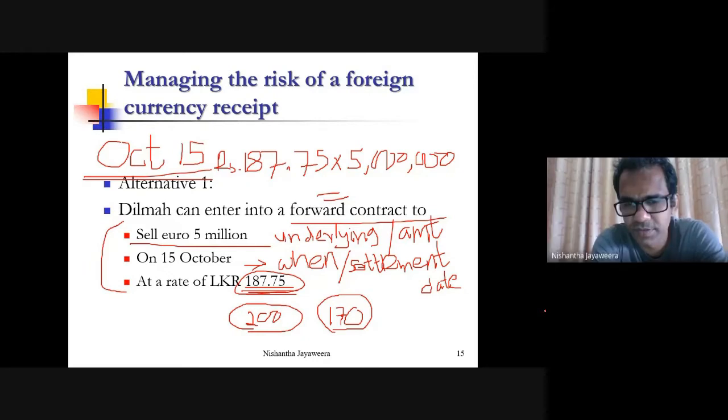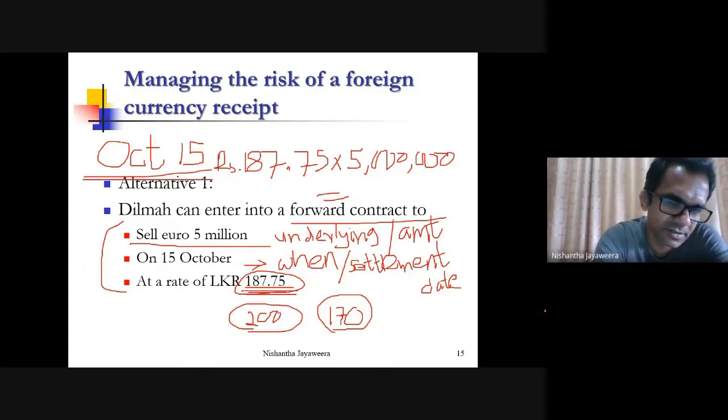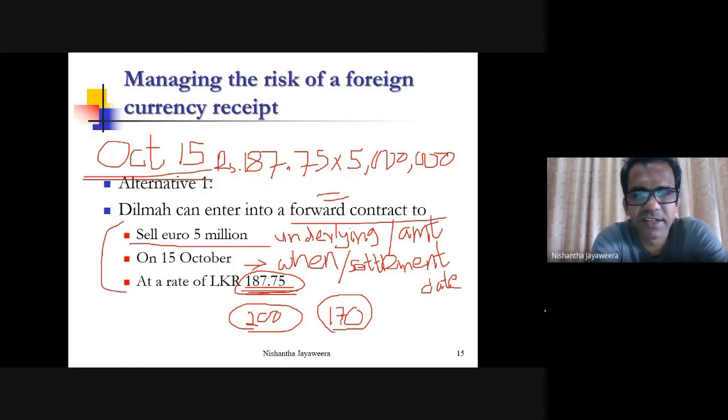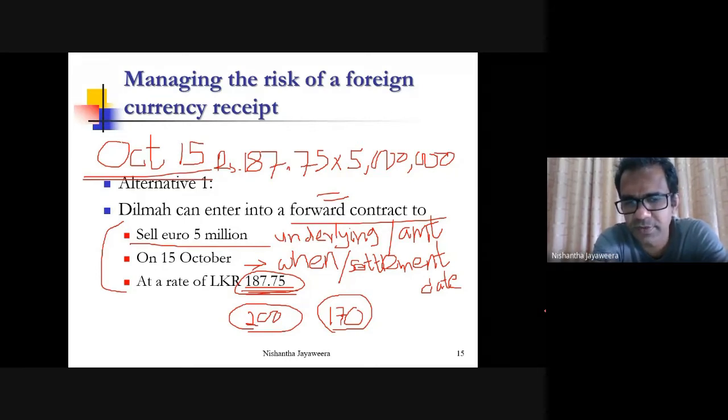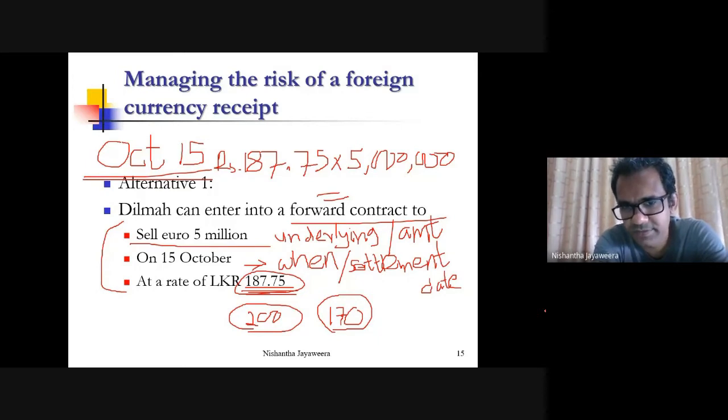Exchange profit, because the bank buys something at 187.75, whereas the market value of that asset is 200. So the bank takes that profit. So that's the risk. Whenever you enter into a forward contract, you should know this.